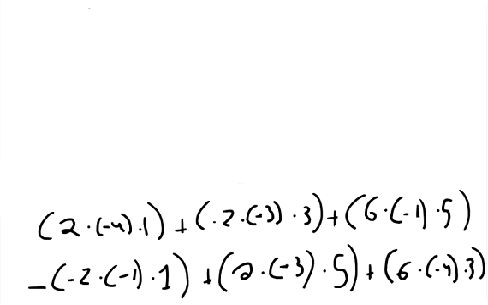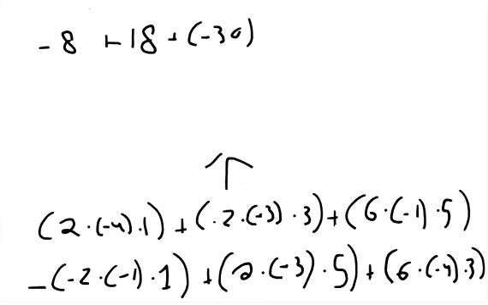Now we simplify this out: 2 times -4 is -8, plus 2 times -3 times 3, 18, plus 6 times -1, -6 times 5, plus negative 30, which is just minus 30.